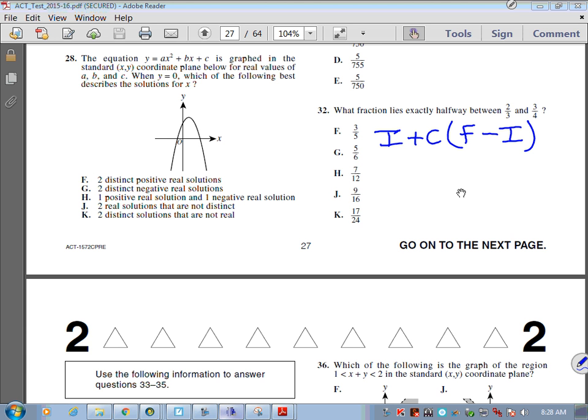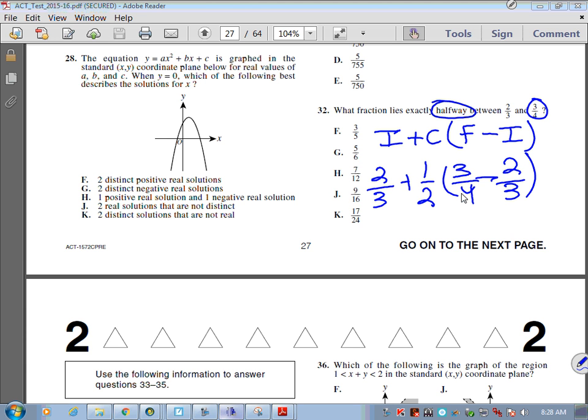So our initial is 2/3, from 2/3 to something else. And the change is right here. They didn't give it to me as a fraction, but it says halfway, so that's 1/2. Then my final is 3/4 minus my initial 2/3.